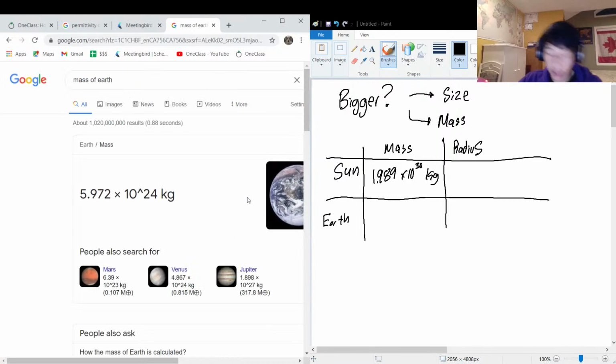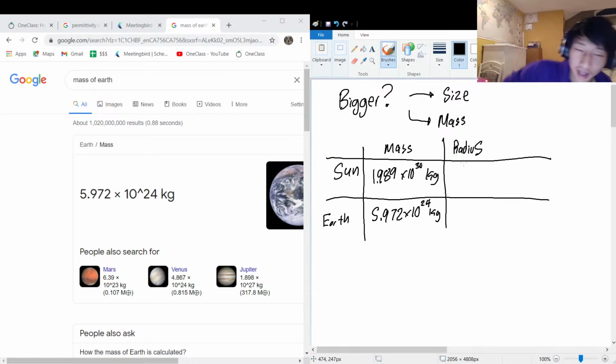Mass of the Earth, pretty heavy as well. 5.972 times 10 to the 24 kilograms. Now keep in mind the times 10 to the 24 is 1 million times smaller than 10 to the 30. So it's at least a million times, or maybe not a million times, like maybe half a million times.